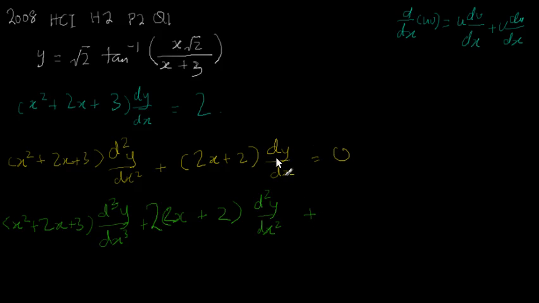Plus, and then I differentiate this factor, keeping dy/dx unchanged. Differentiating this just gives 2 dy/dx. So now I have an equation that contains the third derivative. That's all I need.